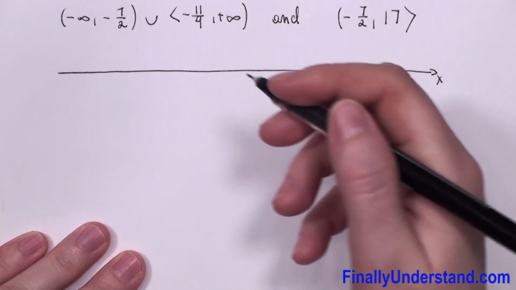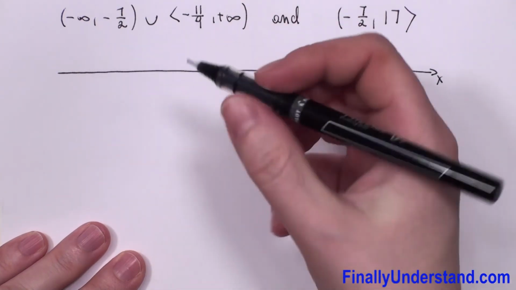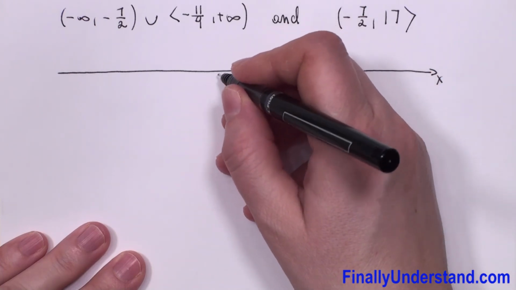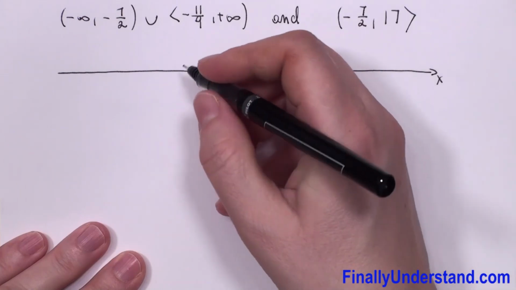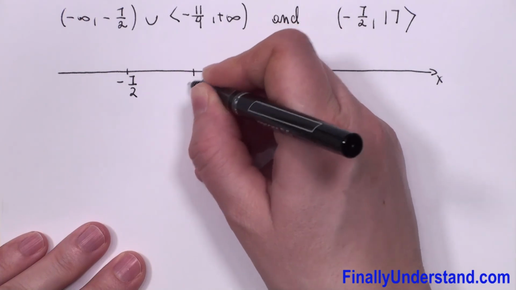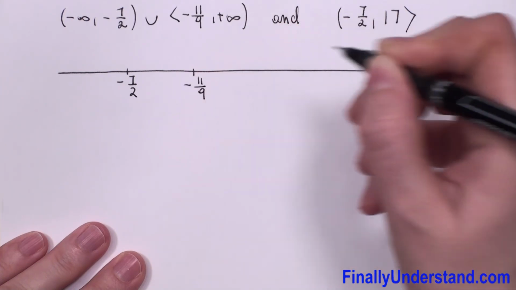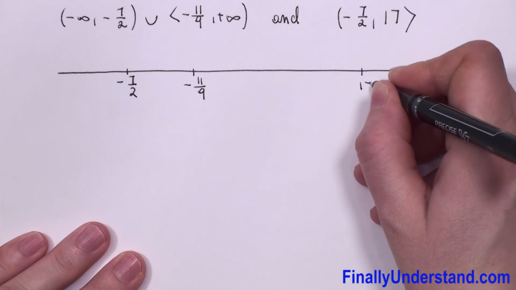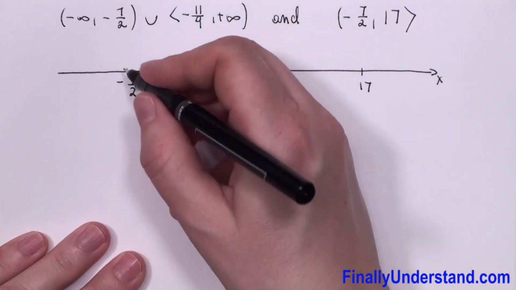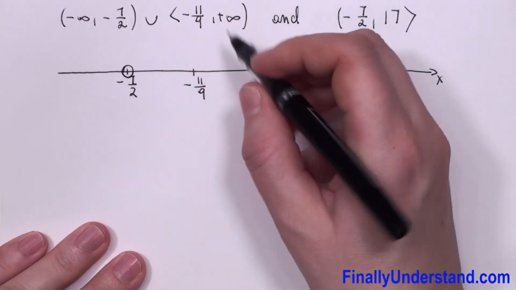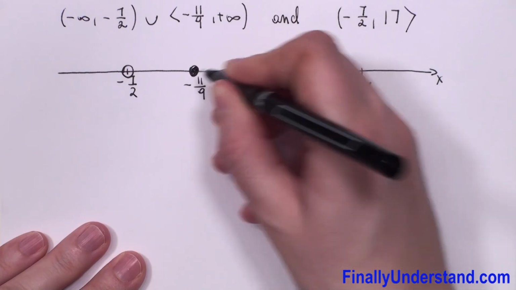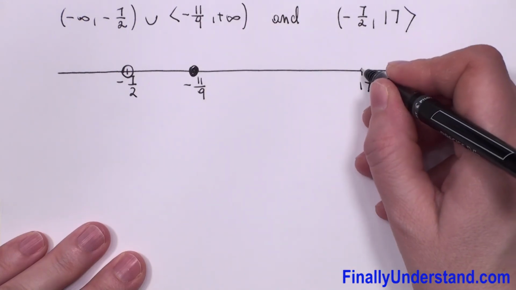We have the x number line. First, the two intervals. First I will mark our roots: negative 7 over 2, negative 11 over 9, and 17. Negative 7 over 2 is not included. Negative 11 over 9 is included. And positive 17 is included.